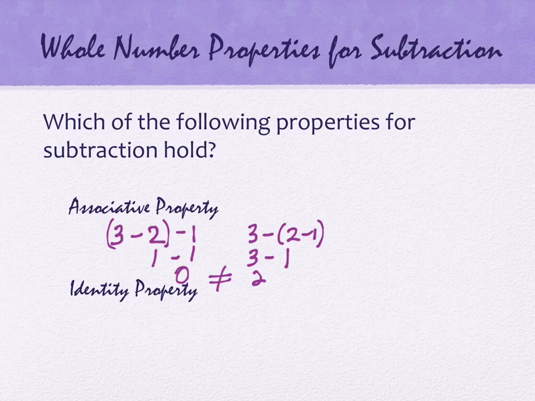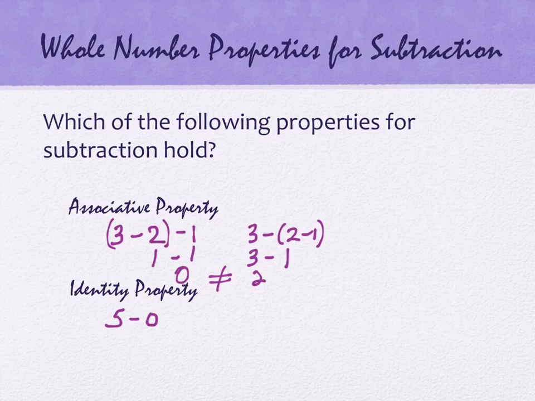And then the identity. This one always throws people a little bit. The identity property for addition said that if I take the number 0 and add it to the number 5, 0 plus 5 and 5 plus 0 both equal 5. Some people might want to say that the identity for subtraction is the same as for addition, that it's 0. The problem is it only works in one direction.